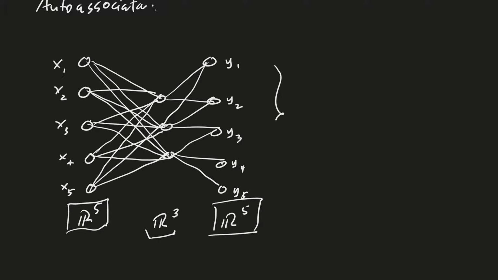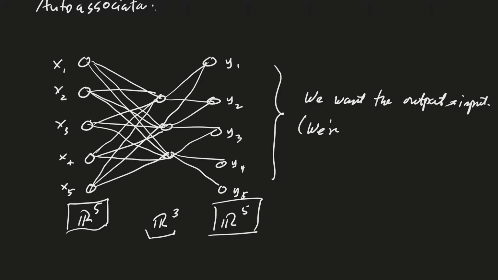In this case, we want the output equal to the input. In other words, what we're trying to do is build the identity map.